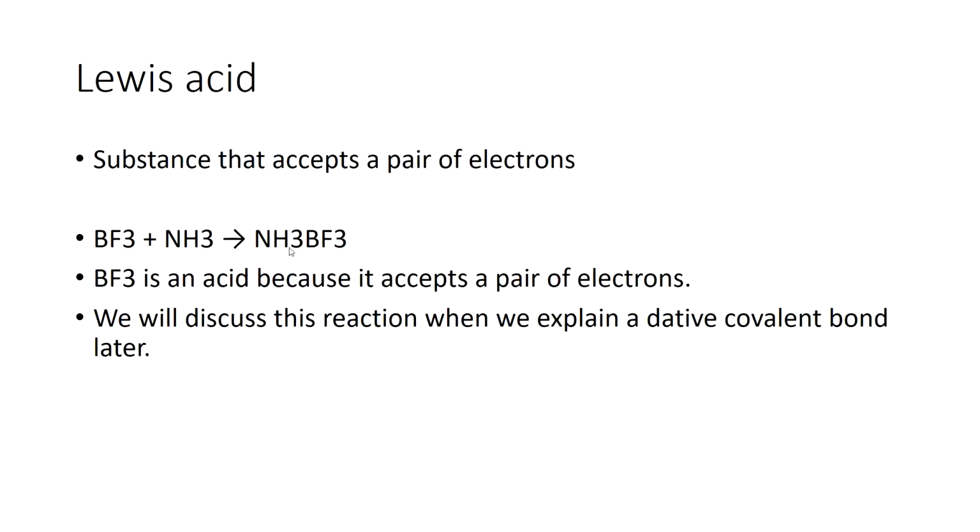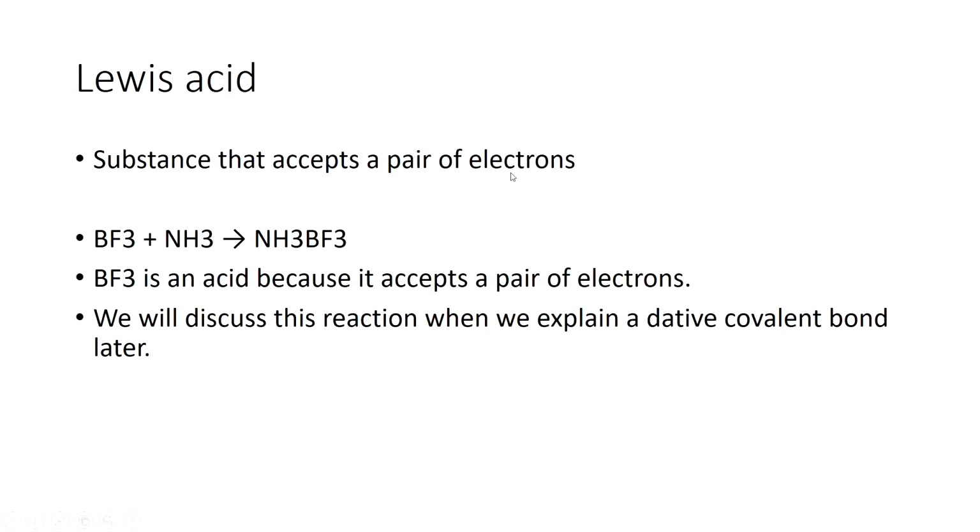Now let us look at Lewis' definition of an acid and a base. Lewis defines an acid in a different way from the two gentlemen we have discussed above, because he says an acid is a substance that accepts a pair of electrons.